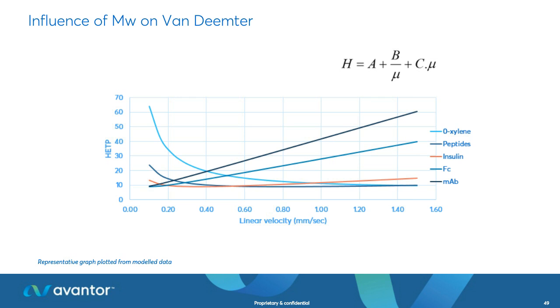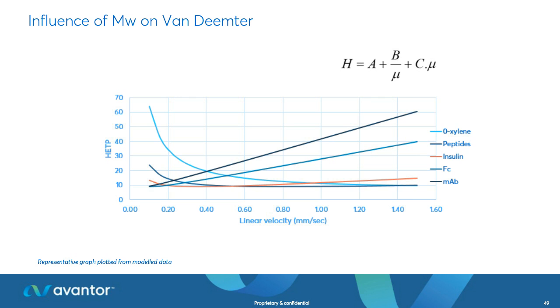So these small molecules here, for example, xylene, you can see a nice classic Van Deemter curve that goes down and then flattens out. When you've got something like even a bit of an antibody, an Fc region from an antibody, or an intact antibody, you've got no chance of increasing the flow rate to speed up your method without losing efficiency of your separation. So the best thing to do with your proteins is to try and optimize the flow rate, and slow tends to be better.